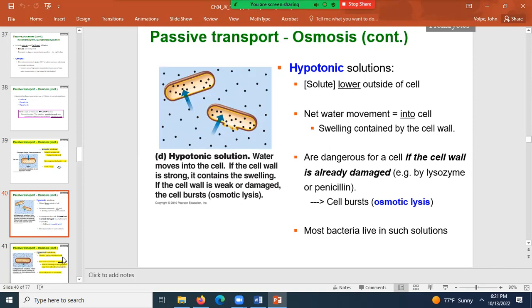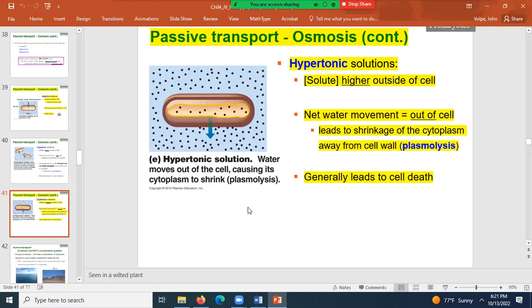If not, let me talk about the last one, the hypertonic solution. That is where the concentration of water is less outside the cell than inside the cell. So there's a net movement of water outside the cell.